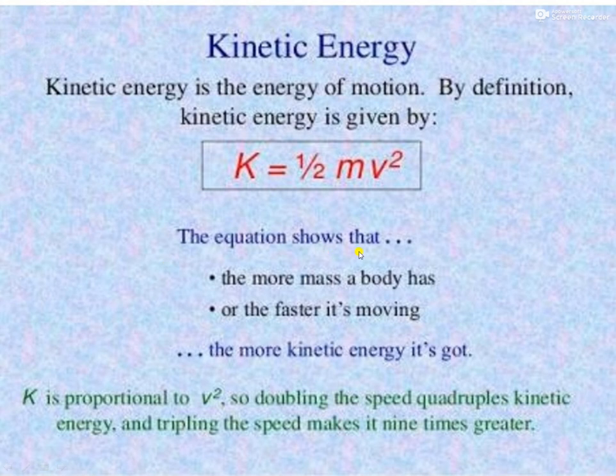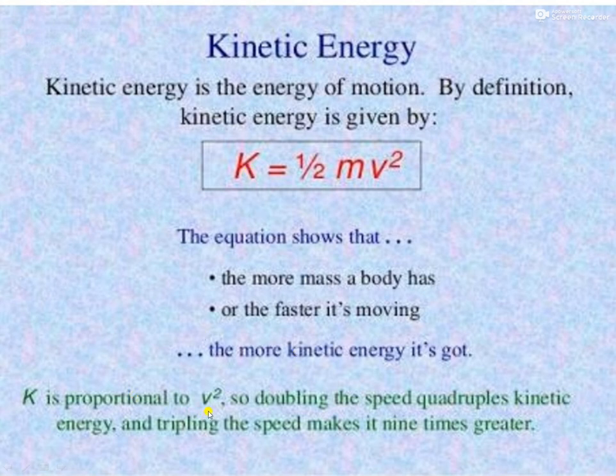From the equation you can understand that the more the mass of the body, or the faster it is moving, the more kinetic energy it has. So more mass, more kinetic energy. If the object moves fast, more kinetic energy; if it moves slow, the velocity is less, then the kinetic energy will also decrease.